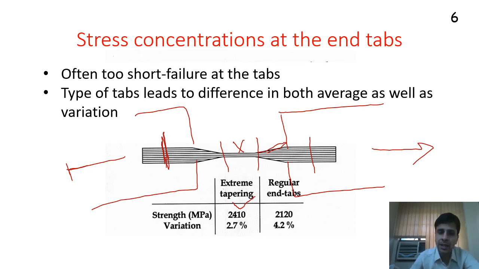So the lower value that you are seeing for your regular end tabs is most likely due to the fact that there are some stress concentrations due to sudden change from tab region to no tab region, and that is causing all the problem of reduced stress, more variation, both of which is undesirable.